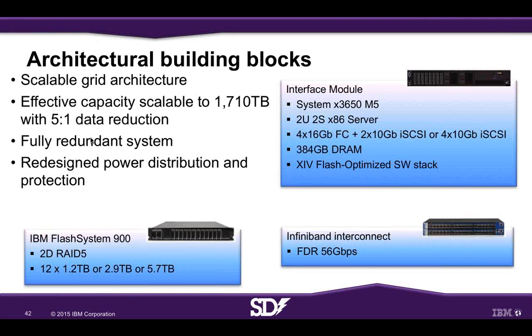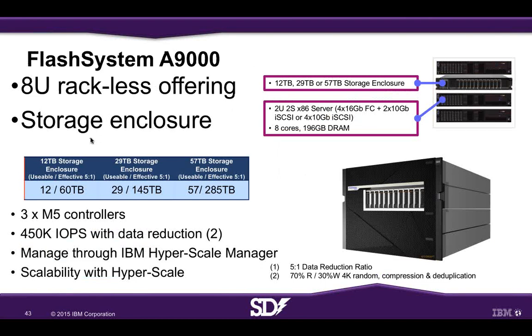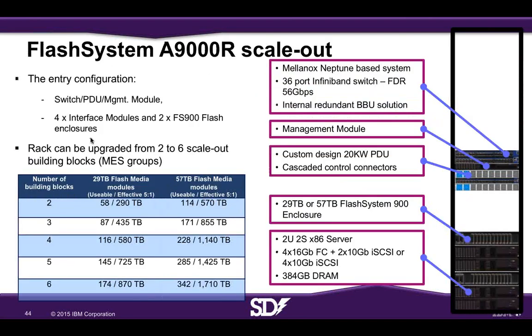The reliability is because we use these interface modules. Again, we're using the FS900 as the base unit, and we're using the servers to create that grid infrastructure. In a pod, we're using the 3 servers to get that level of reliability, and everything's N+1 high availability. In the rack, we just put these together and get the much larger configuration.